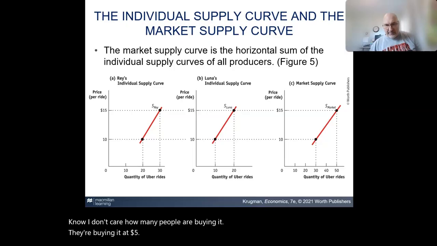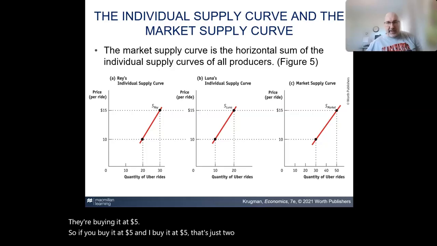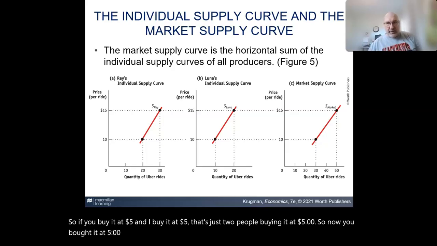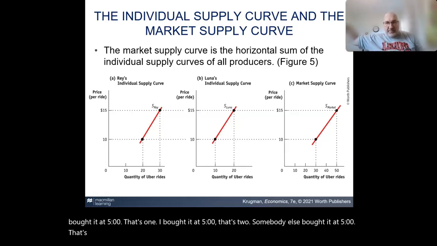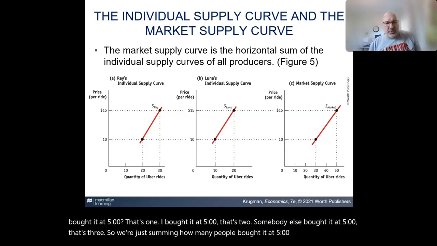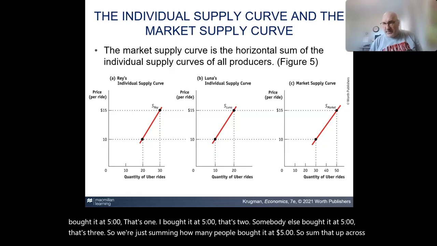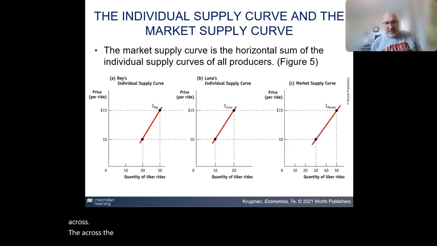So if you buy it at $5 and I buy it at $5, that's just two people buying it at $5. You bought it at five, that's one. I bought it at five, that's two. Somebody else bought it at five, that's three. So we're just summing how many people bought it at $5, across the point at that price, whatever the price may be.